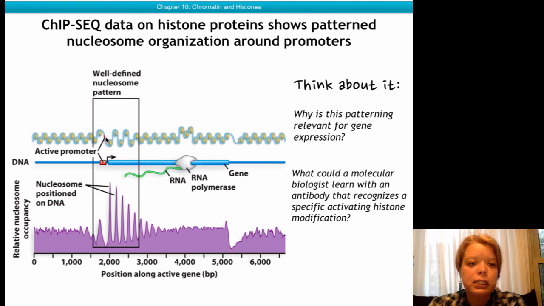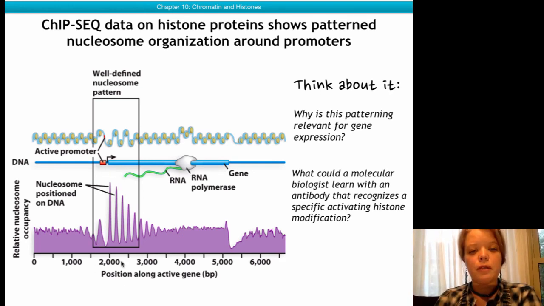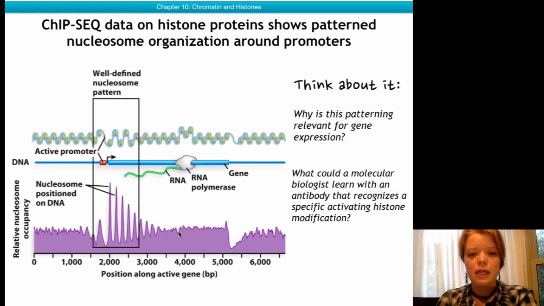The little binding site that the RNA polymerase recognizes, called the TATA box, is exposed and not wrapped onto a histone, so that other RNA polymerases can come in and do the same thing this guy is doing. So you guys can see how the nucleosome organization close to the active promoter region has a very, very particular pattern, and then is a little bit more shifted around as the RNA polymerase goes through the gene to express.